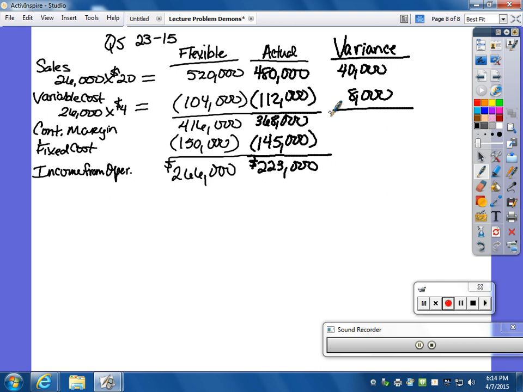They want you to look at what you calculated for expected to prepare a flexible budget, because we know we can't use standard costs for a flexible budget performance report. What is the variance for the contribution margin?